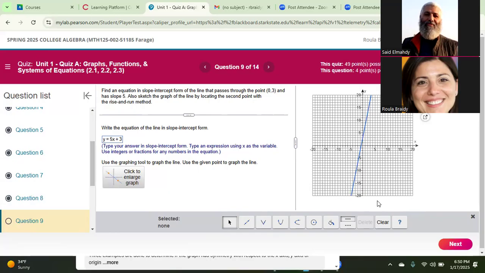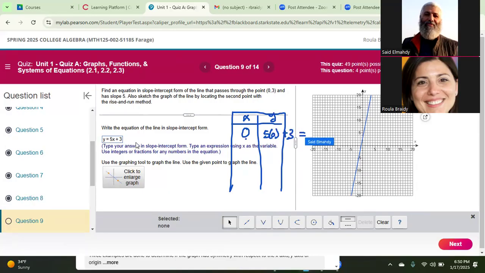So first I know the slope, we went up 5. If you want, you can make a table like any other equation. x and y: x is 0, so it is 5 times 0 plus 3, and calculate this.